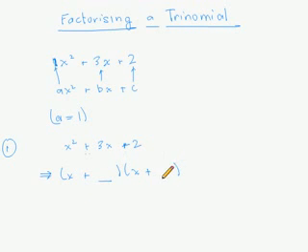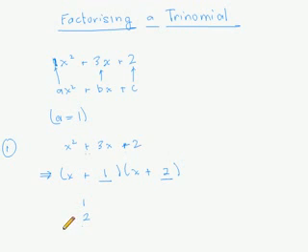These numbers must, when multiplied, give you 2, and when added, give you 3. So you look at numbers which multiply to give you 2: 1 and 2. Really that's all you've got there. So 1 multiplied by 2 is 2, and 1 plus 2 is 3. So you end up with a 1 and a 2 there.